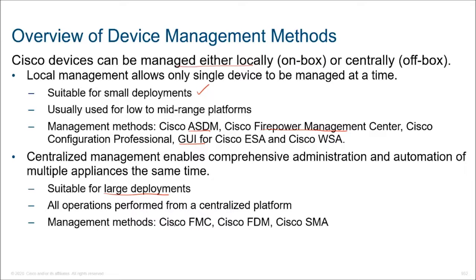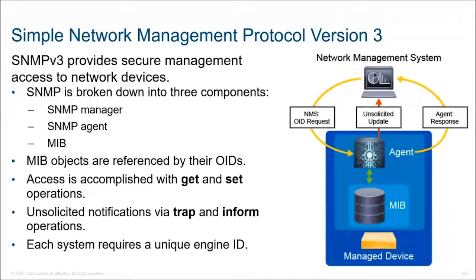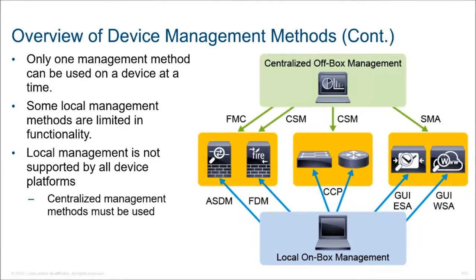And we have some other options that are listed here. All right, as far as other protocols that we might use, making sure that we're using things like Secure Copy Protocol or Secure File Transfer Protocol. And we'll get into SNMP here in just a few moments.